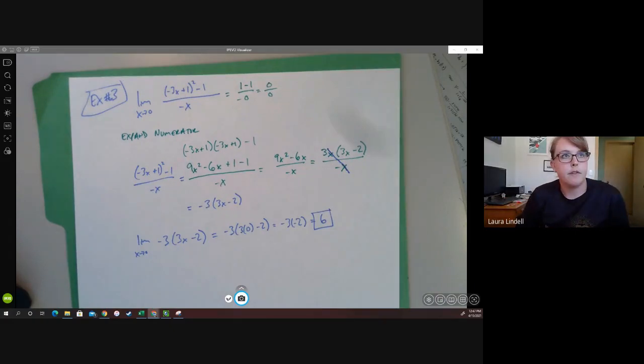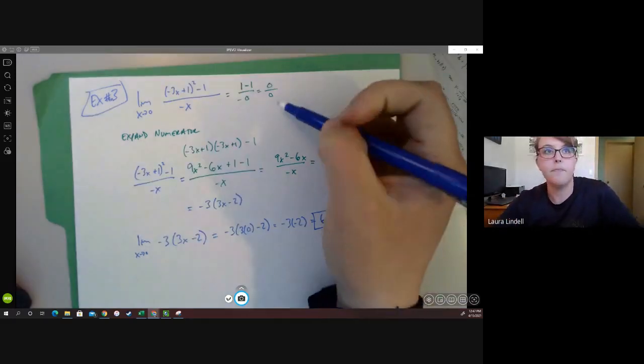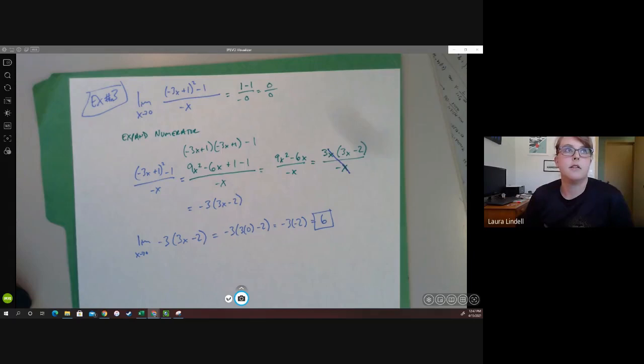Okay. So sometimes doing something like that, expanding the numerator, can help us out when we're in a situation where we end up with indeterminate form. Okay. So I know that one was considerably more complicated than the last few we looked at.